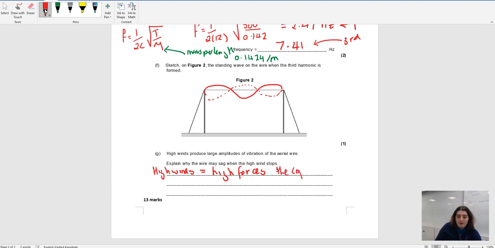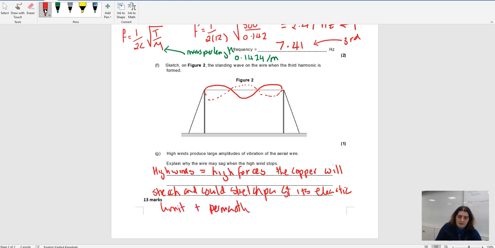The copper will stretch and could stretch past its elastic limit and permanently change shape.